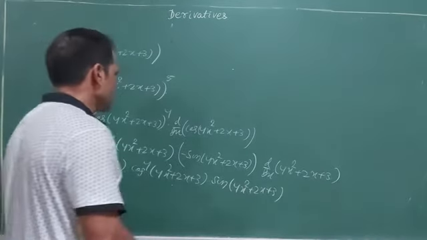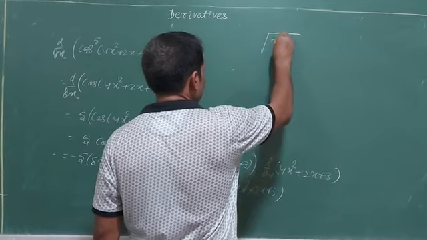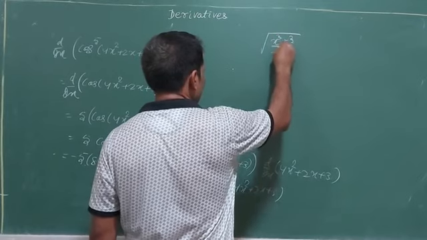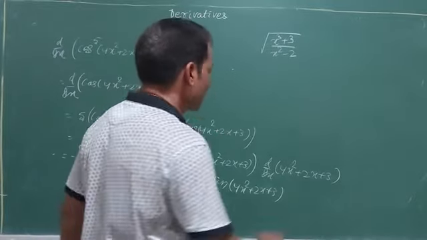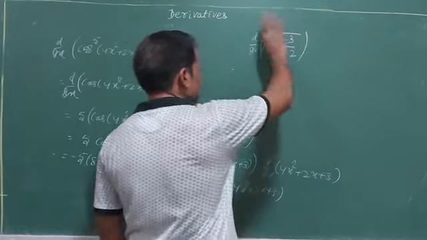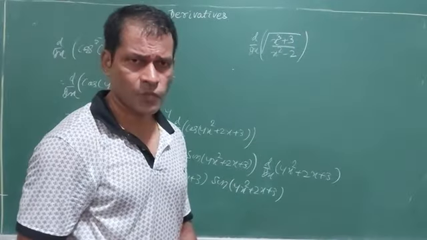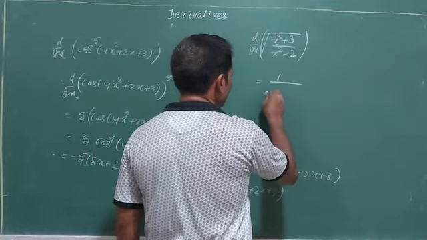Alright? So if I get the derivative of under root x cube plus 3 by x square minus 2, d by dx. First I treat this one as root x. Root x derivative is 1 by 2 root x.